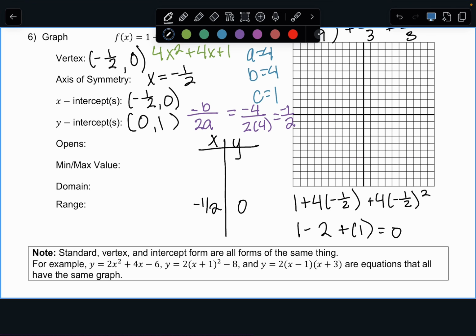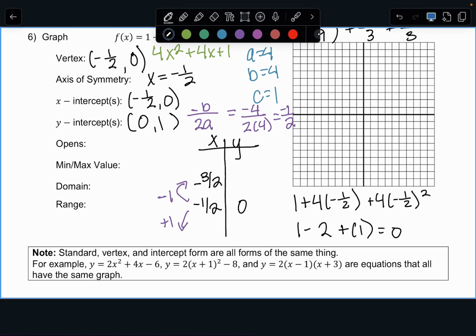On the left, if I'm using 1, 3, 5, 7, and I want to here, because it'll come out pretty nicely, because A is 4, I still have to count by ones on the left. Be careful. What's negative 1/2 minus 1? Negative 1.5 or negative 3/2. What's negative 1/2 plus 1?